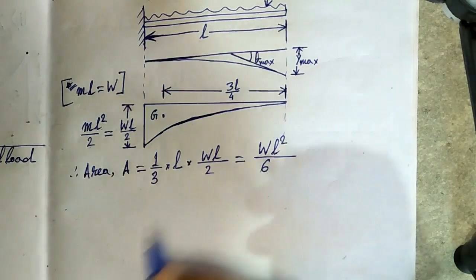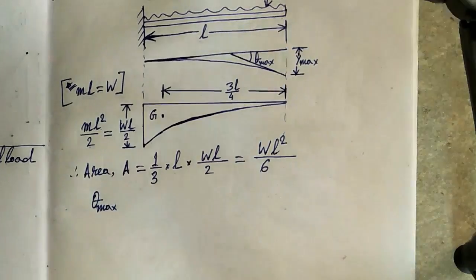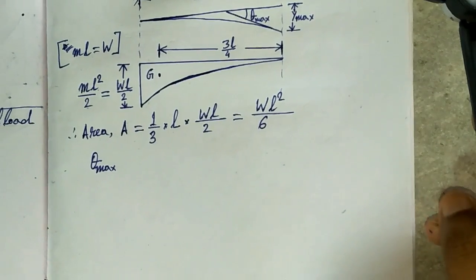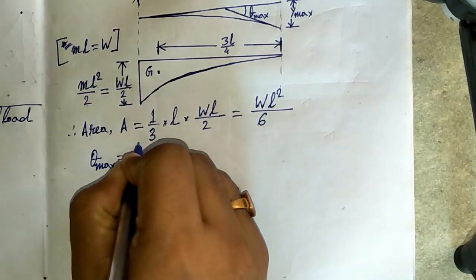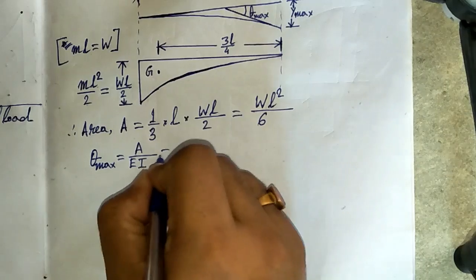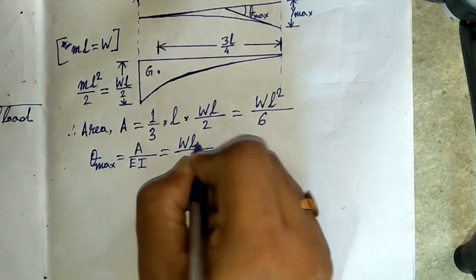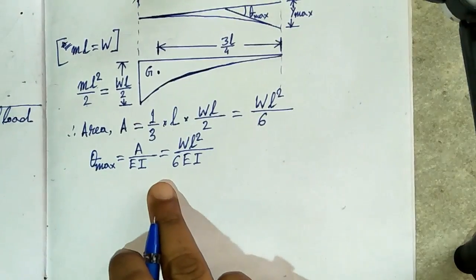So the theta max, that means the maximum slope, from the slope equation we know that it equals A by EI. By substituting the value of A, we get WL square by 6 EI. This is the value of the maximum slope.